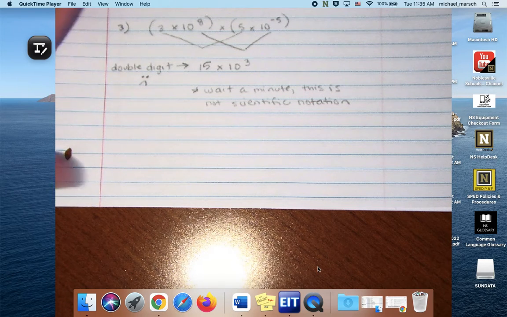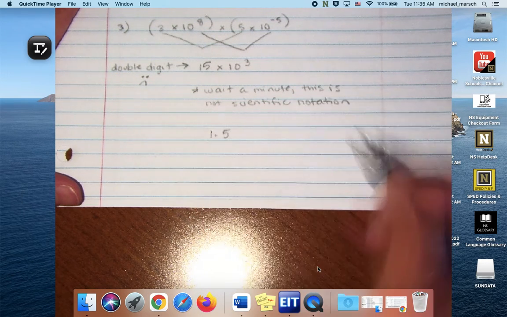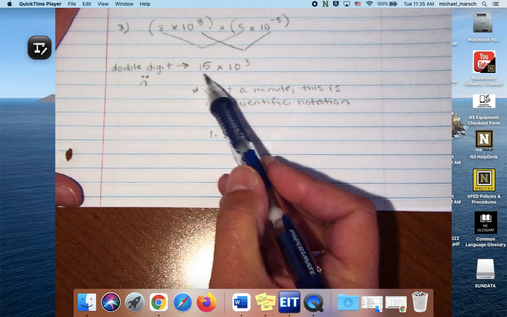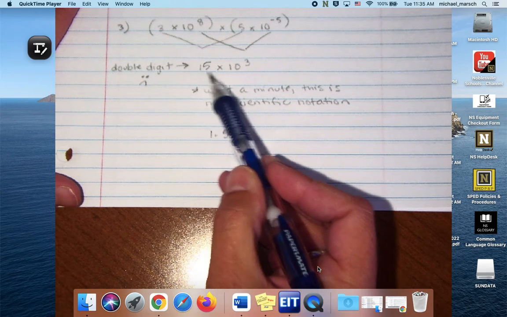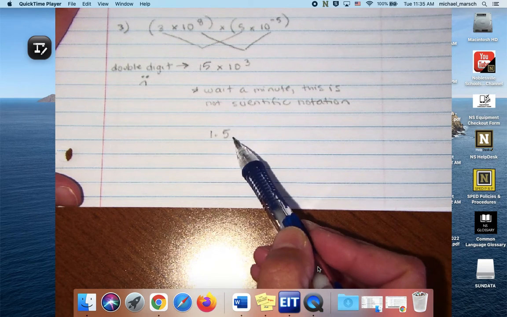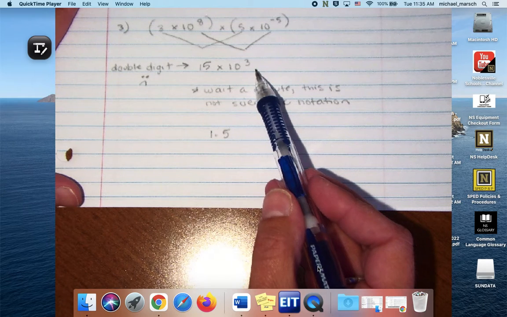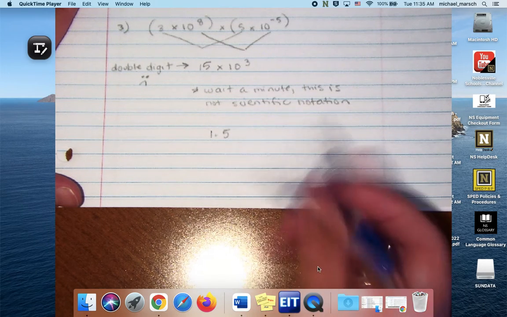So of course I have to fix it. I'm going to put a decimal between the 1 and the 5. But because I put a decimal there, now I have to add a loop because it has 1 extra space to go around the 5. So how's that going to affect my exponent? Noah? It is going to be times 10 to the 4th.